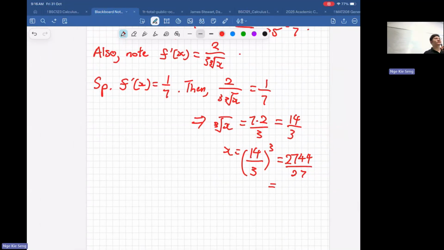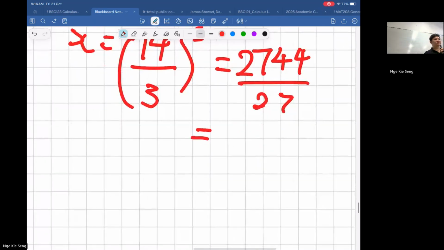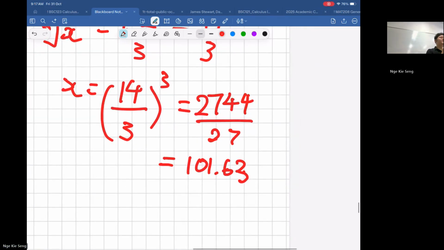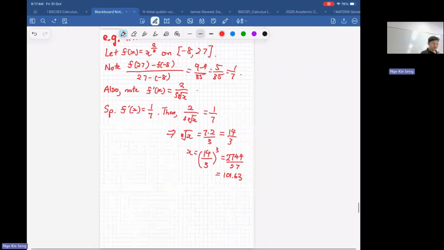What's the decimal for this? Around 101.63.